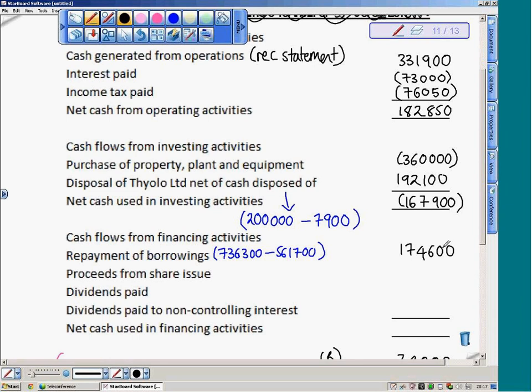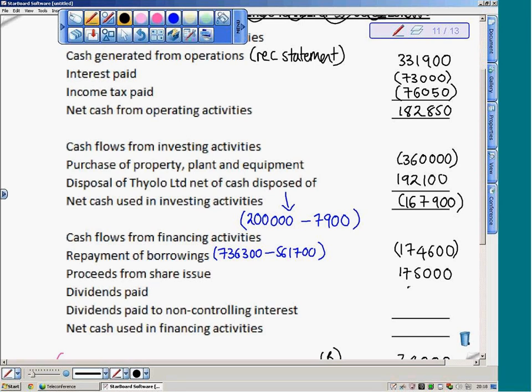Okay. That's going to give us 474,100. Okay. The proceeds from the share issue, we worked that out, and let's put a negative. It is an outflow. Okay. The proceeds from the share issue was the 175. It was the summation of the difference in the capital and the premium.